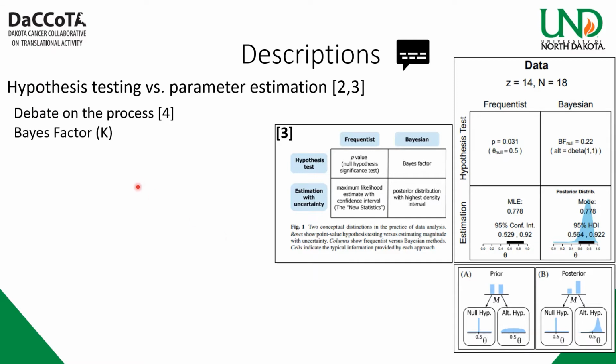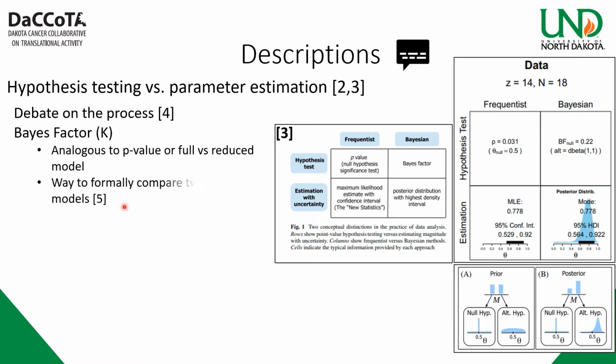So let's take a closer look at the Bayes factor, sometimes known as K. This is analogous to the p-value or a full versus reduced model comparison. It is a way of formally comparing competing models in Bayesian analyses. These models might be something simple like the null model and the alternative model, but it might be several models with different parameters.